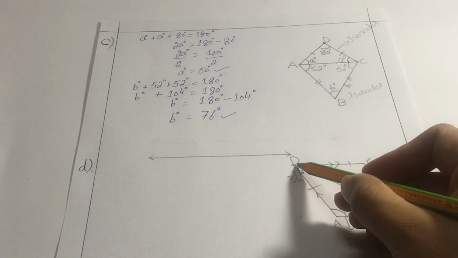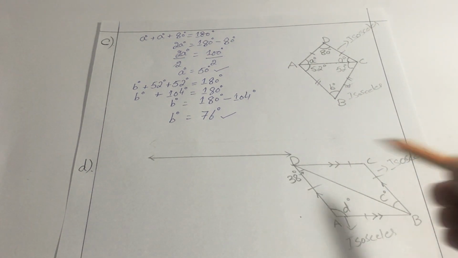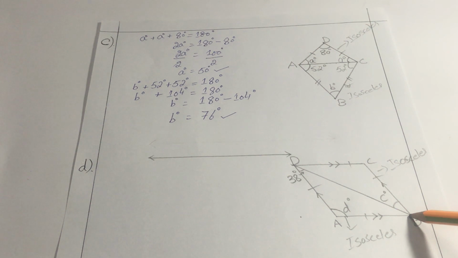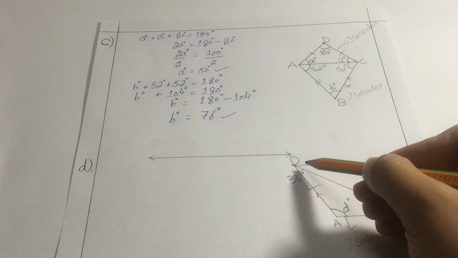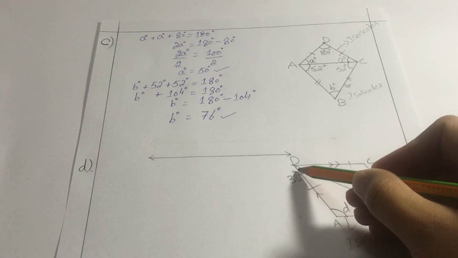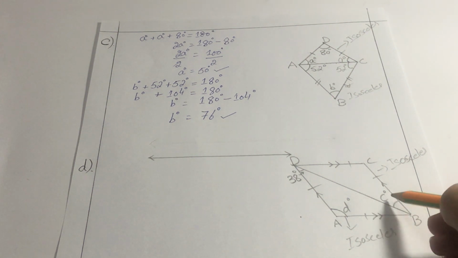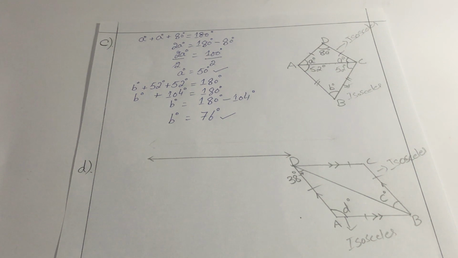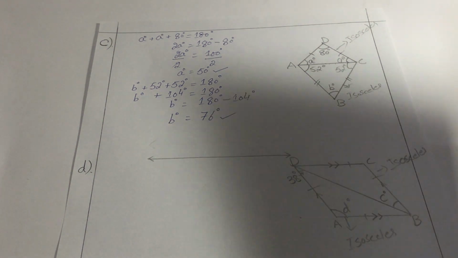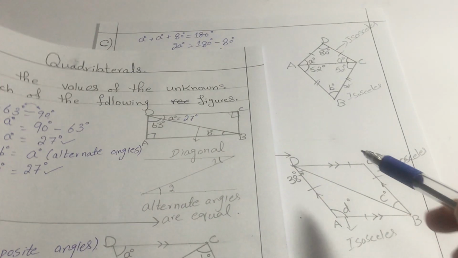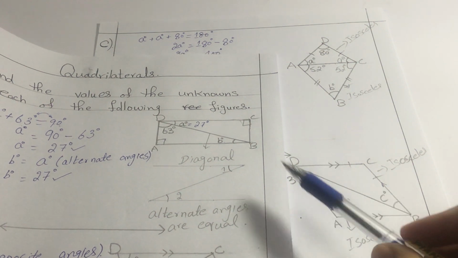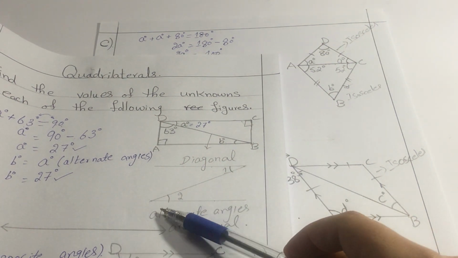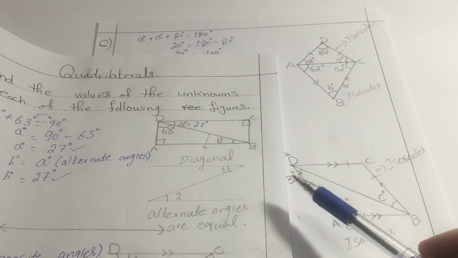How? You can see we have two parallel lines, and these two lines are joined with the help of a diagonal, and we have angles in the opposite corners. So these two angles are known as, yes, alternate angles. You can compare this with this shape, right? These two angles are known as alternate angles.